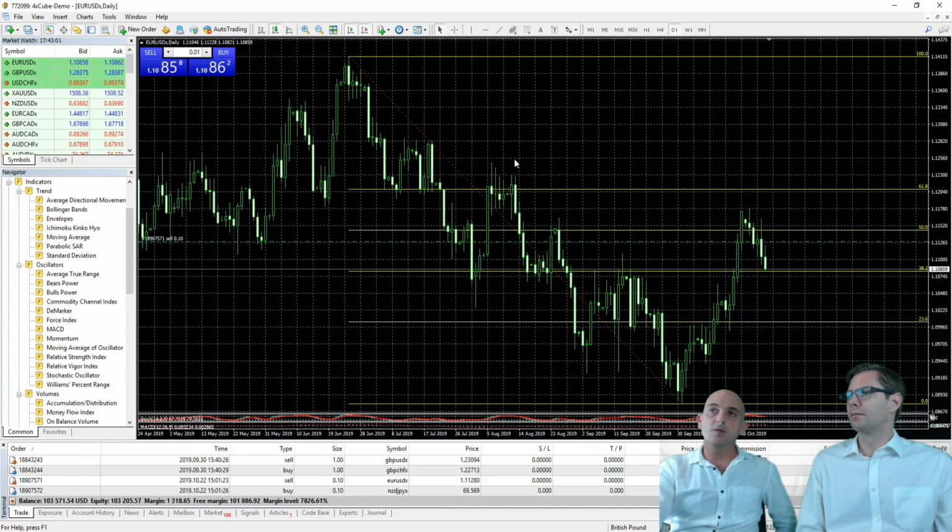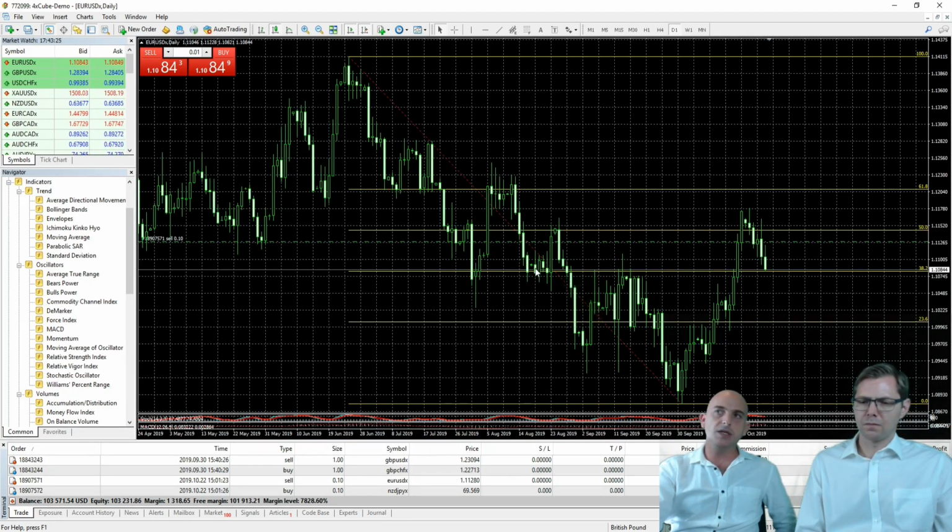So it's important to be aware of the fact that it might break through. But in this case, it's a good resistance level, and has come way back down. 3, 4, 5 days of bearish action, and profits would have been very nice using this level here.